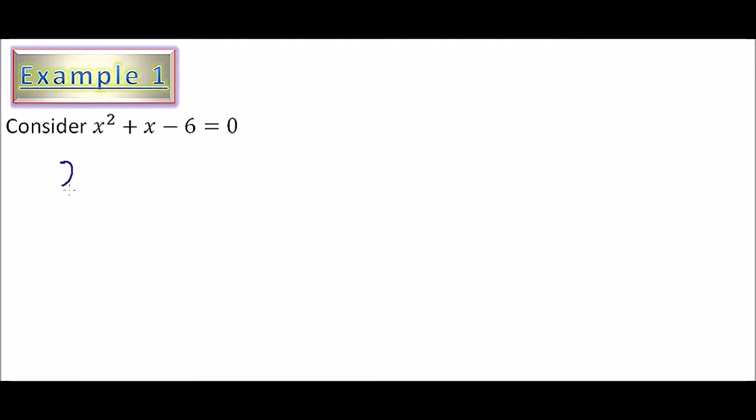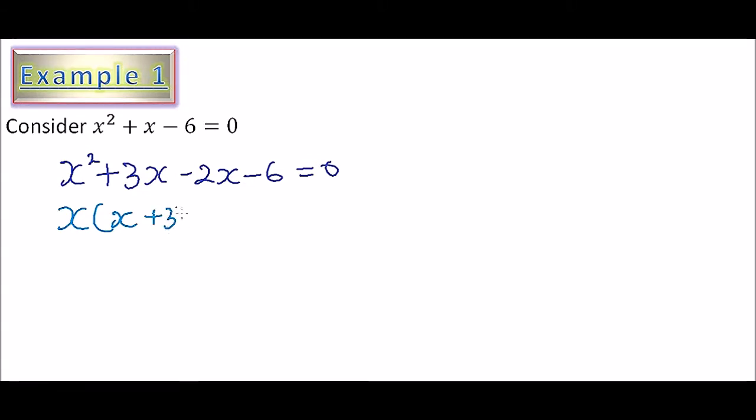So we can write this equation as x squared plus 3x minus 2x minus 6 is equals to 0. From there, we factor out x here, so you have x plus 3, and here we factor out minus 2, so we will be left with x plus 3 in bracket is equals to 0.